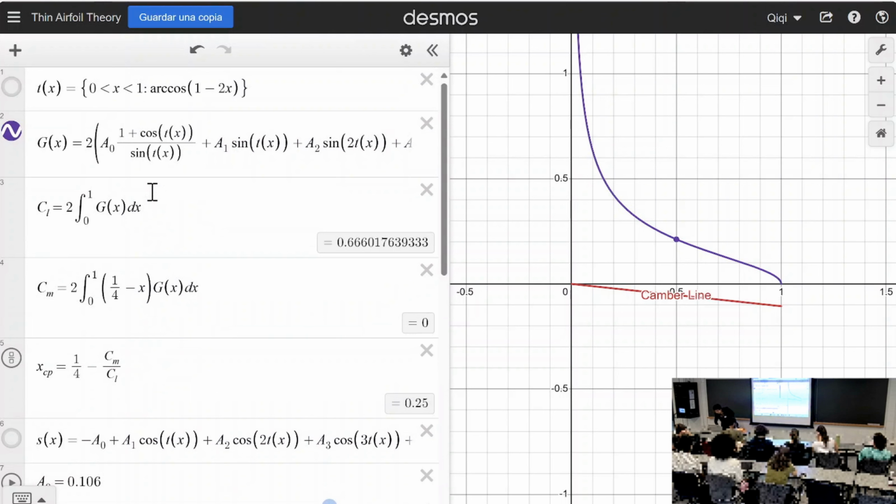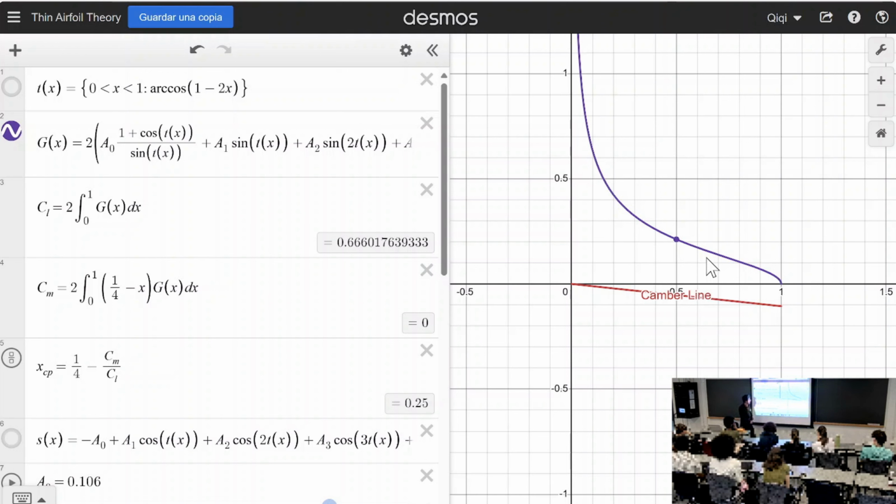This is basically the result of changing the angle of attack. The first thing I want to tell you that is not correct is exactly at the leading edge. The vorticity distribution, the circulation per length, goes to infinity at the leading edge, which is of course not a physical result.